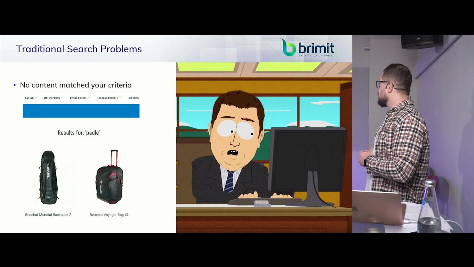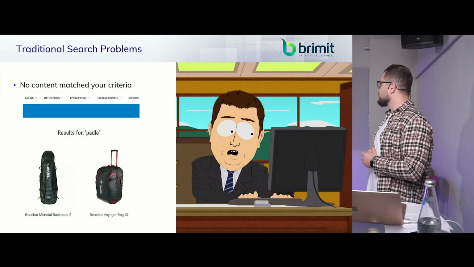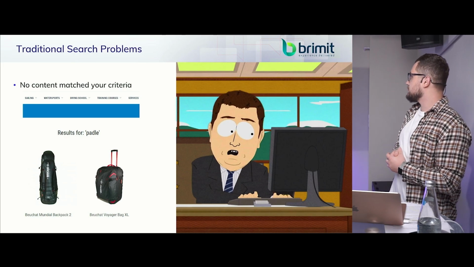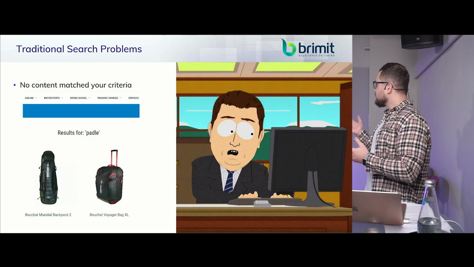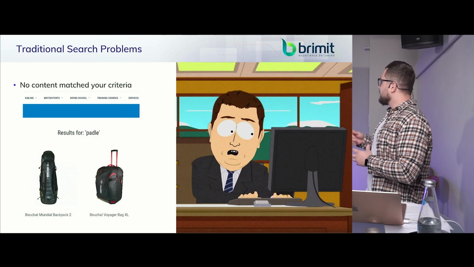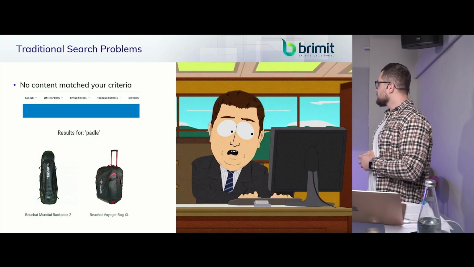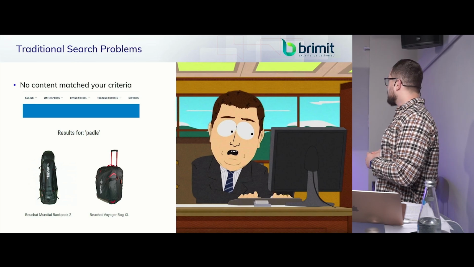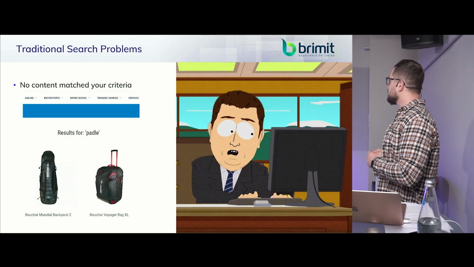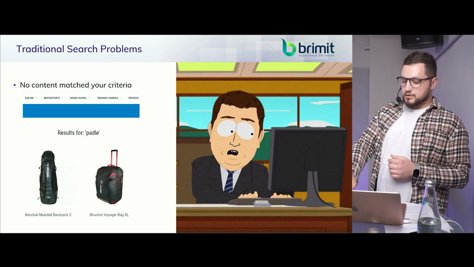For example, you can see a real site and a real example. I tried to find a pedal for a sub board, but I got an unexpected result because, as you can see, I made a mistake in the spelling of pedal.